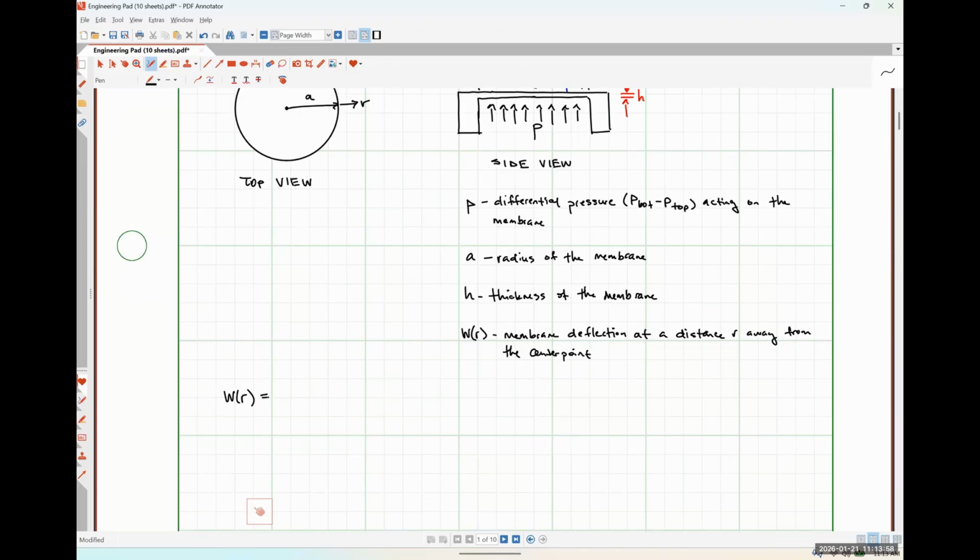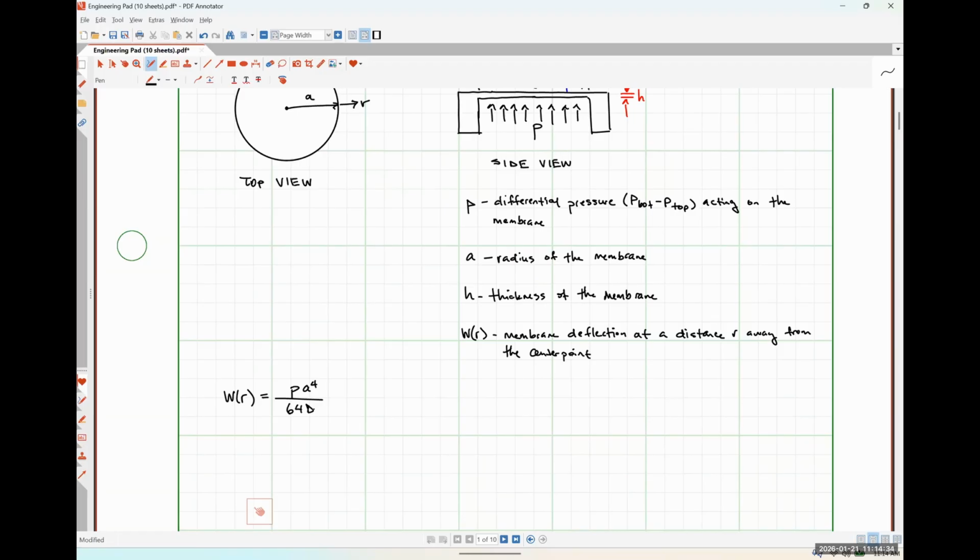W of R is going to be equal to pressure times our radius to the fourth power divided by 64D. I don't know why I didn't write it down on that front page. I can't remember exactly what D stands for off the top of my head.